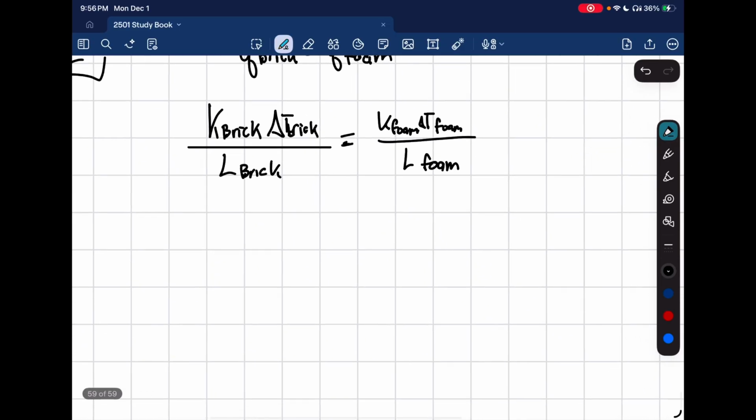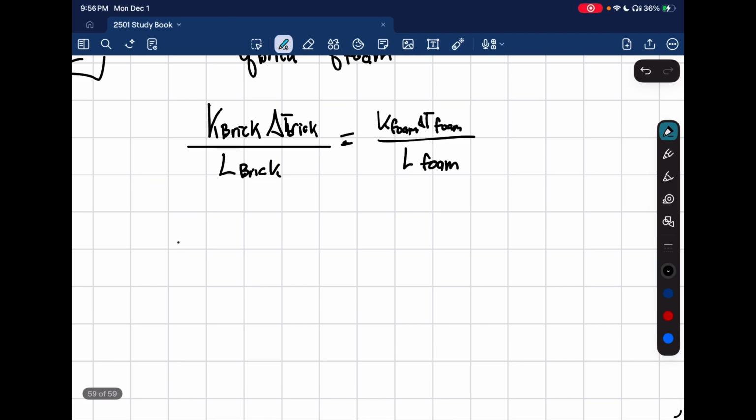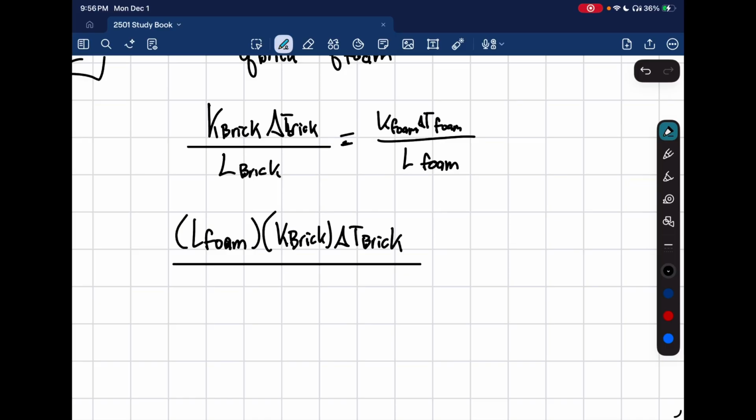So we will end up with L foam times K brick times delta T of brick over L brick times K foam.